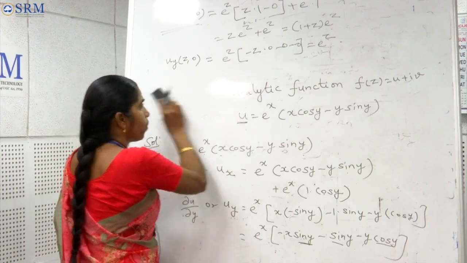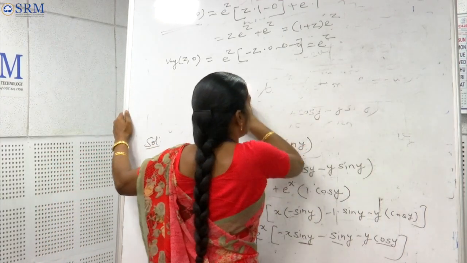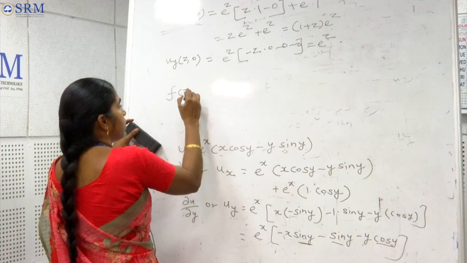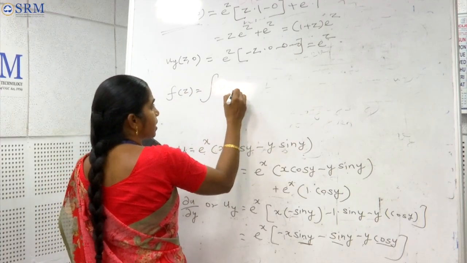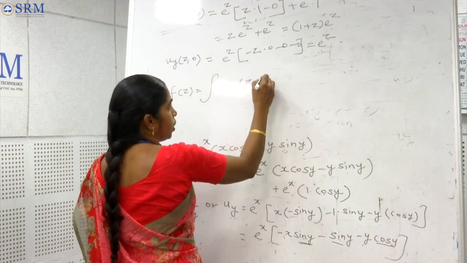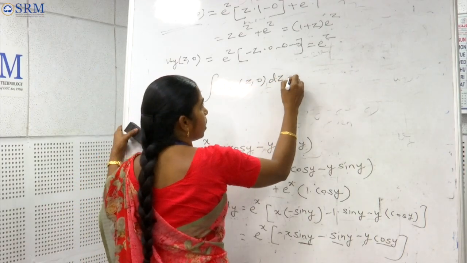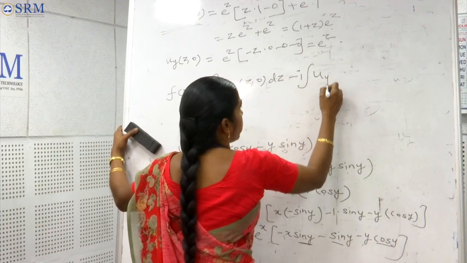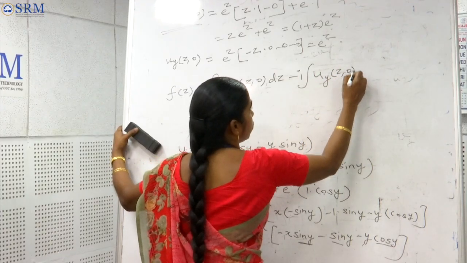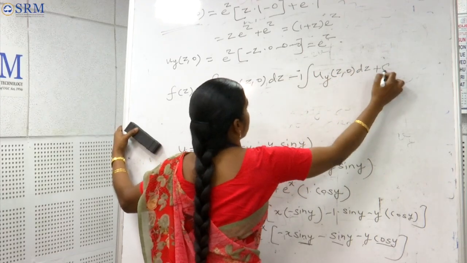Next we find f of z. So f of z is equal to the integral of u_x of (z, 0) dz plus minus i into u_y of (z, 0) dz plus c, constant.